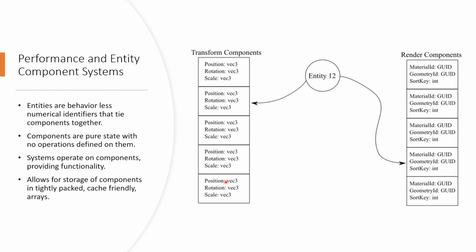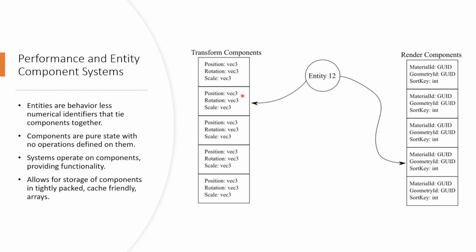Now, the components are these pure state values that are stored with like components in a linear array. And rather than defining the behavior for components, you define these systems which are designed to operate over arrays of components. And so this allows for iteration over tightly packed component arrays, which means that you don't have a significant number of cache misses, which results in having to go to the RAM to load the data into the system.